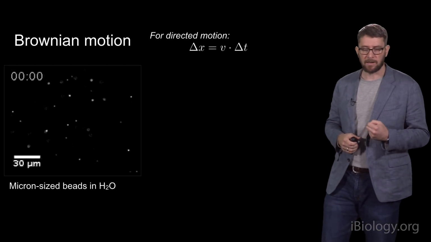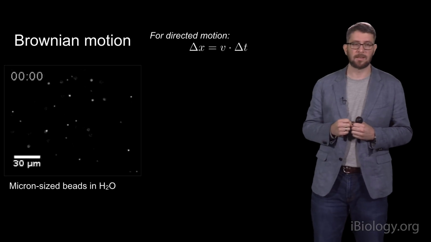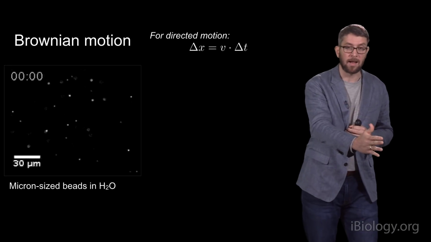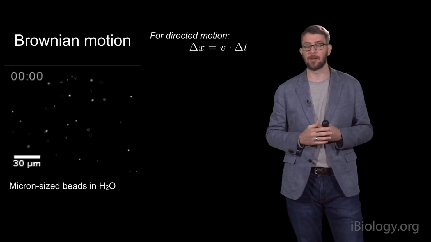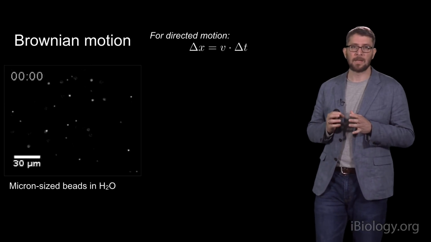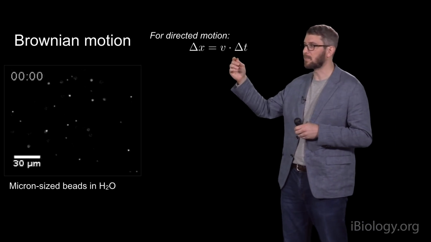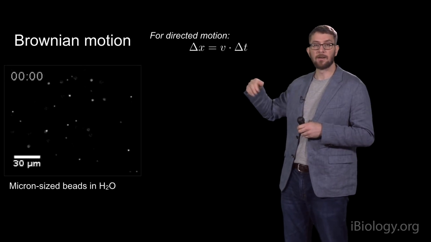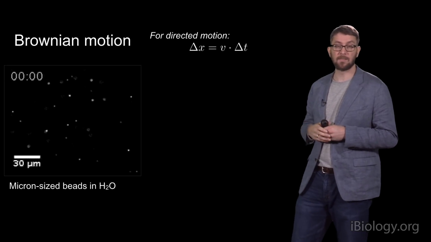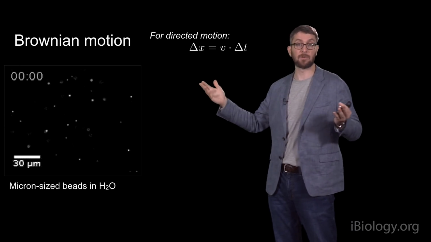First off, Brownian motion is different than directed motion. Directed motion is if you're walking in a straight line, or if you're driving on a straight highway and you're just driving along. In directed motion, we can think about if we're moving at a steady speed or velocity, if we go for twice the amount of time, then we have traveled twice the distance. That sort of makes sense.